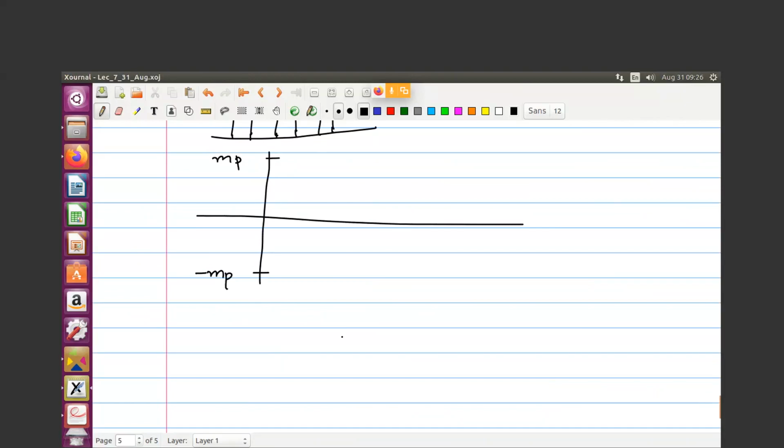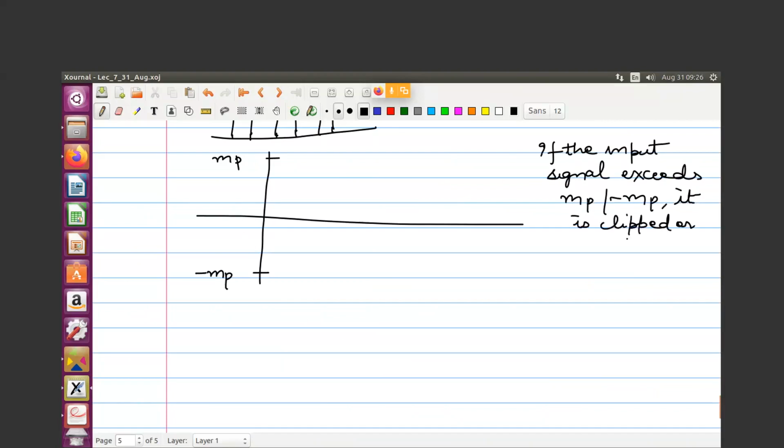So if the input signal exceeds MP or minus MP, it is clipped, or that part is chopped off. Okay.